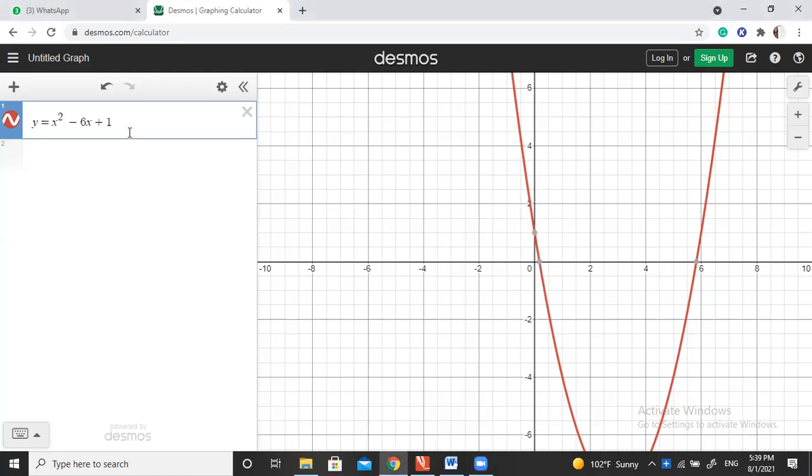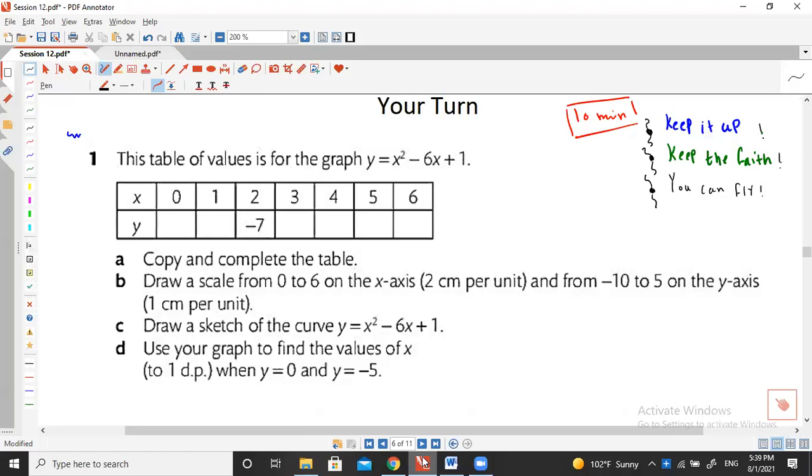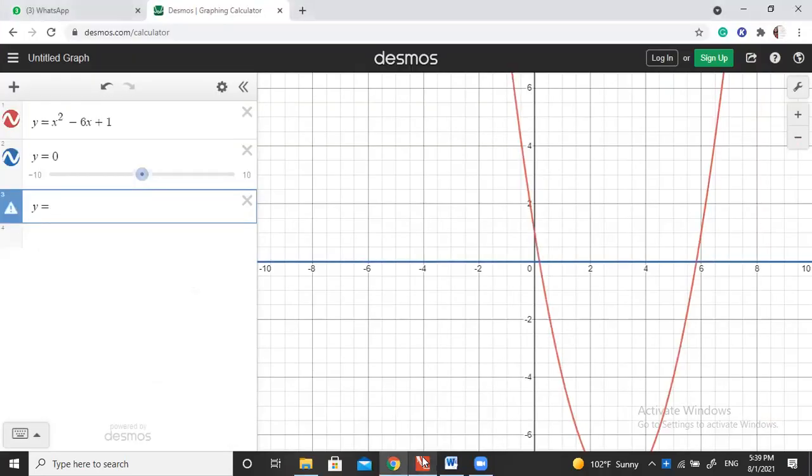Let's draw it here. And also y equals -5.